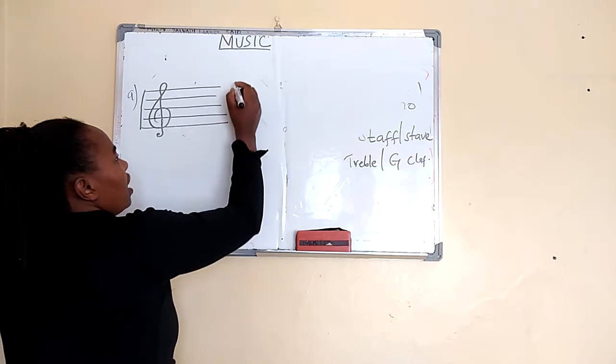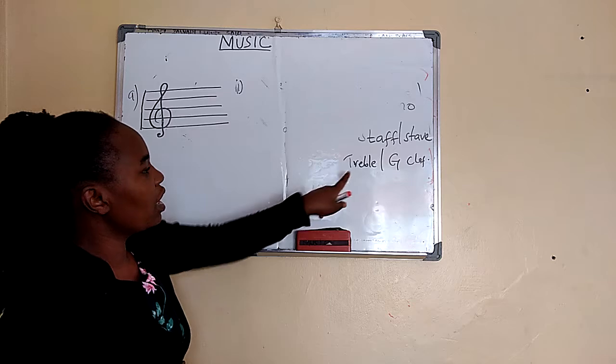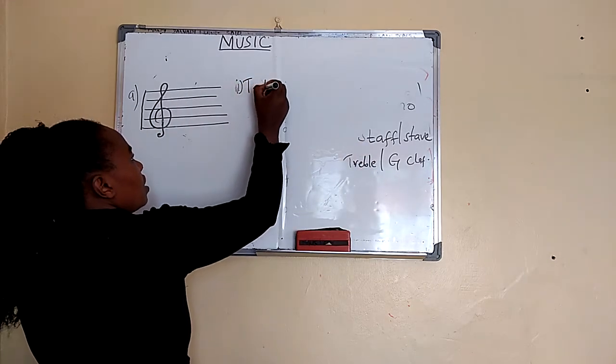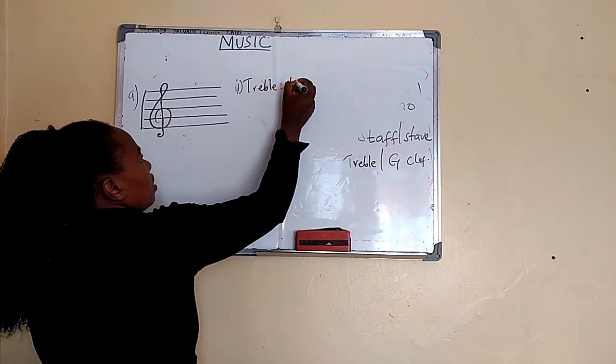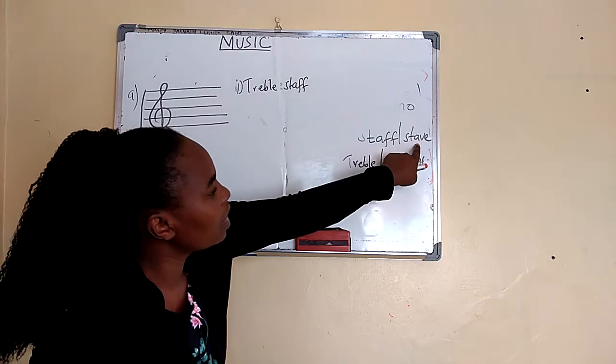So the name is now going to change to a staff because it has been written on the staff. The first name is treble staff, or treble stave.